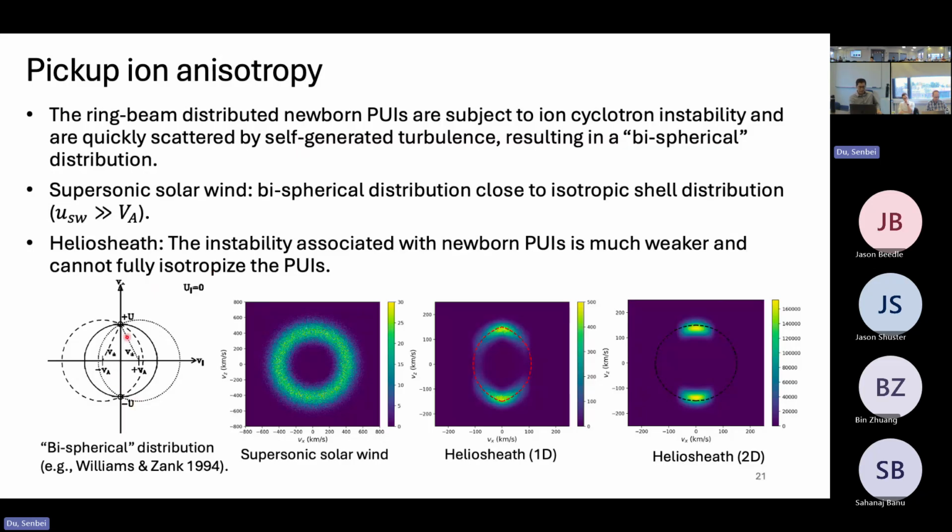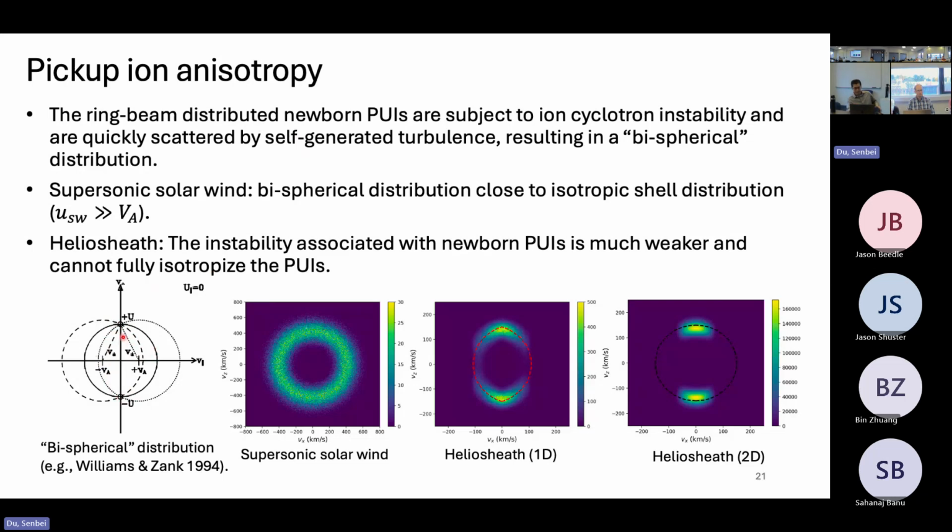And so the bispherical distribution is basically these dotted and dashed lines inside the solid sphere. And those are centered at plus or minus Alfvén speed. Because the waves created by these instabilities are Alfvénic, in the supersonic solar wind, the solar wind speed is much higher than the Alfvén speed.